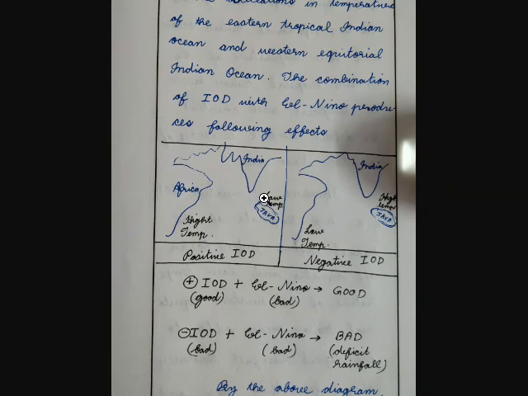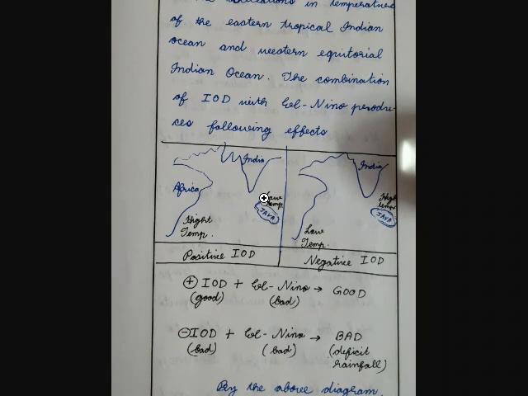but positive Indian Ocean Dipole is good for India. During an El Nino time, El Nino is bad, but the positive dipole is good, and with negative Indian Ocean Dipole, it is bad, El Nino bad, and bad, deficient rainfall occurs.